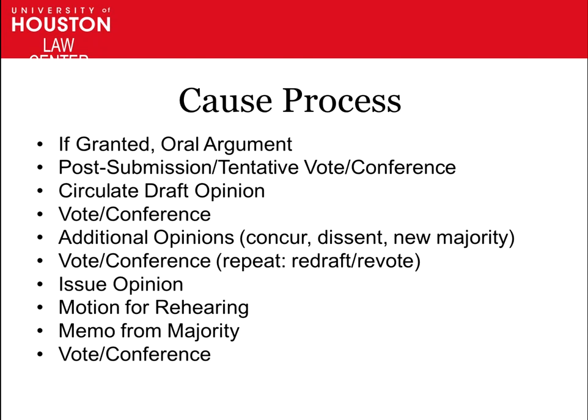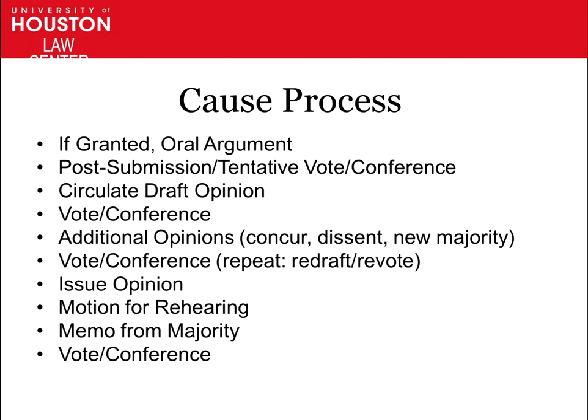In that process too, at that conference, if a judge says, no, I'm going to dissent, then they have a deadline to circulate their separate writing, whether it's a dissent or a concurrence. Very rarely there's a competing majority, where one of them will be like, I think I can do this better, and the court splits. That's rare, but it happens.